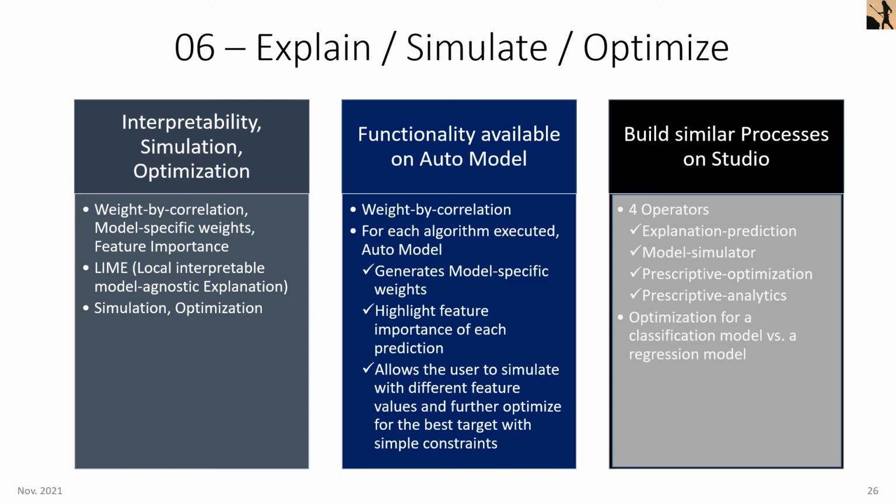Then for each algorithm we execute, we can see the model specific weights. And then we can even see the highlights of the feature importance for each prediction. And at the end, we can do this interactive simulate and optimization, right?